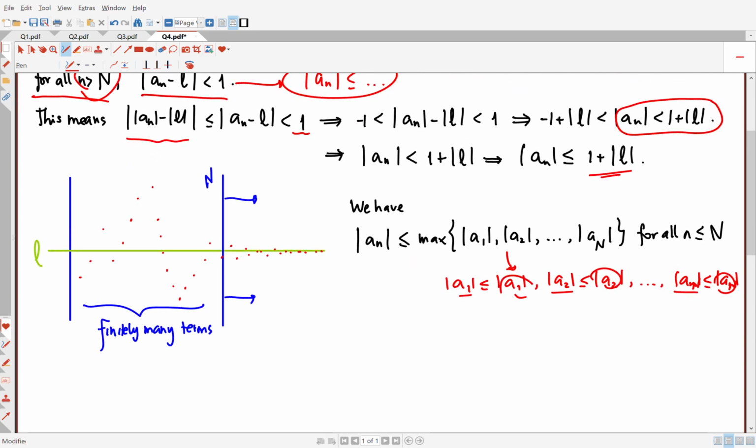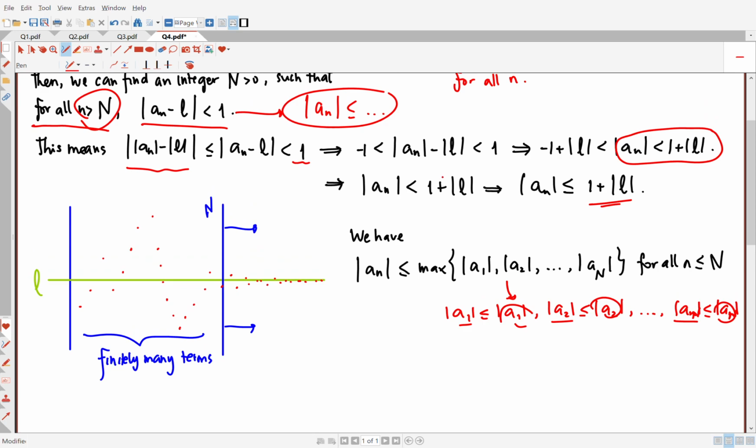And now, for all n bigger than big N, we have this. For n less than or equal to big N, we have this, right?